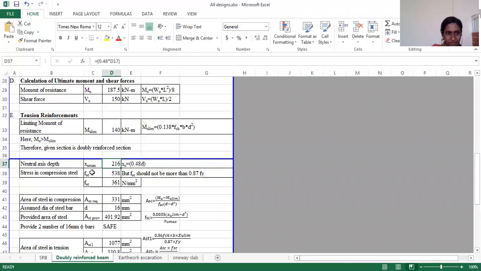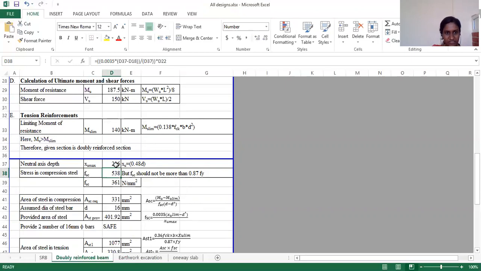Then fsc, the stress in compression steel. So here is the formula to calculate fsc. fsc is equal to 0.0035 into Xu limit minus d dash, divided by Xu max. In this case, Xu max and Xu limit are both the same. So substitute in this: 0.0035 into Xu max minus d dash.